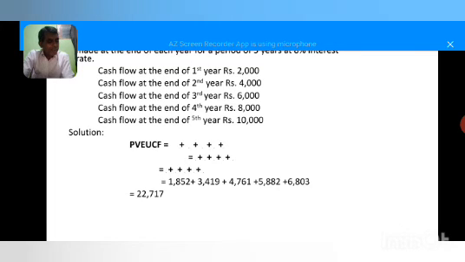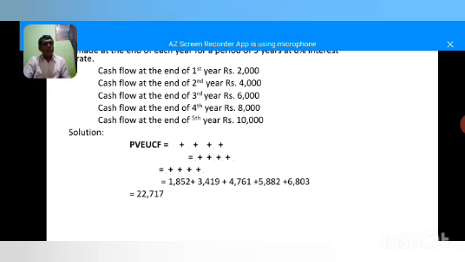So the first year interest factor is 1.08 to the power of 1: 4,000 divided by 1.08 to the power of 1 plus 6,000 divided by 1 plus 0.08 to the power of 2 plus 7,000 divided by 1 plus 0.08 to the power of 3 plus 8,000 divided by 1 plus 0.08 to the power of 4 plus 10,000 divided by 1 plus 0.08 to the power of 5.